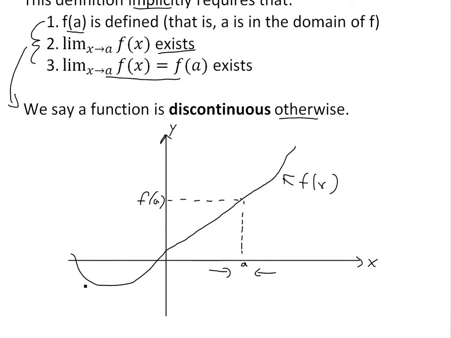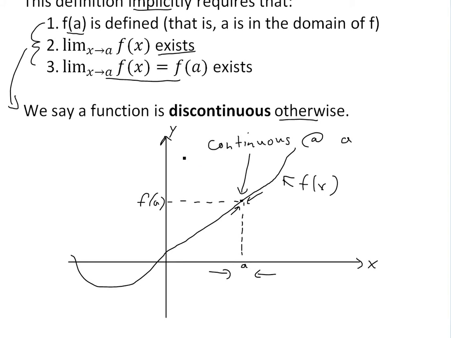As you gradually and smoothly get closer in the x-axis, this gets closer and closer to f of a, and f of a is defined right here. So you plug in a, and you get this exact value. For this function, we call it continuous at a.